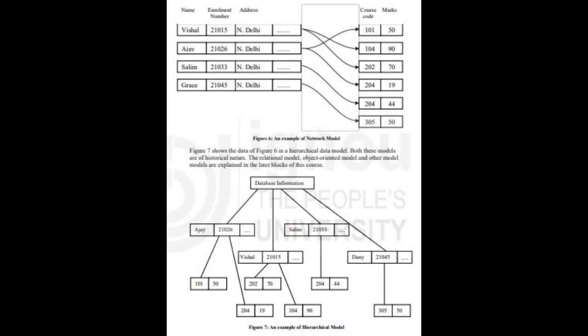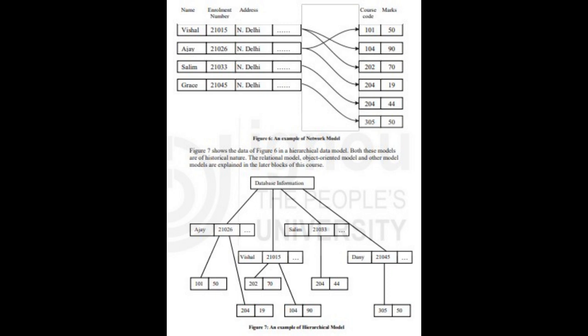Figure 6 shows the records of students and the results of the students in various courses taken by them. All the records of the students are shown as a single file. The student records can contain one or many pointers to the course file.